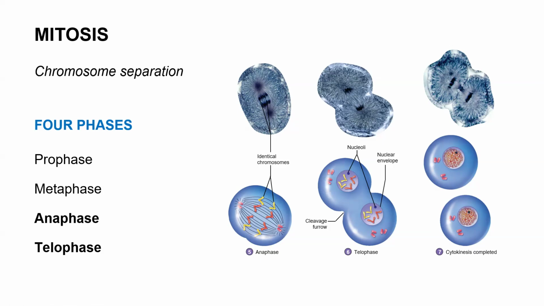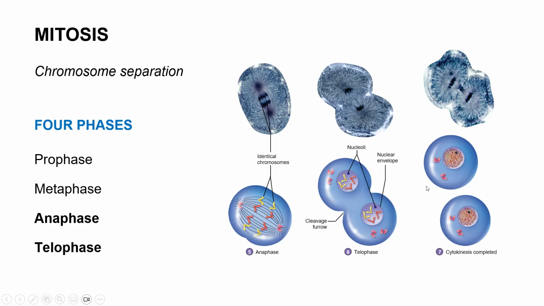Their job is over. And we're starting to get our cleavage furrow where eventually cytokinesis will complete and we'll get two brand new cells. So these we call two daughter cells. And these are completely identical, because we copied our chromosomes and we split them directly in half.